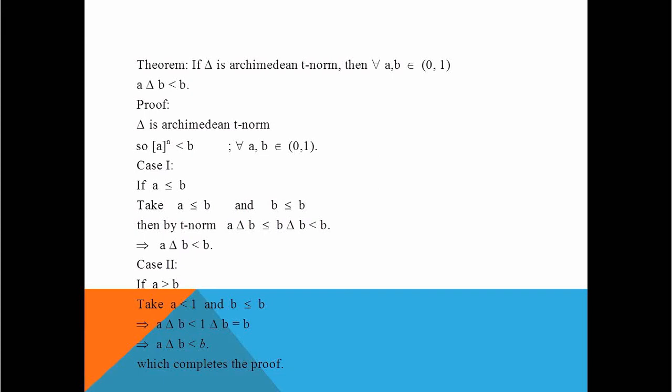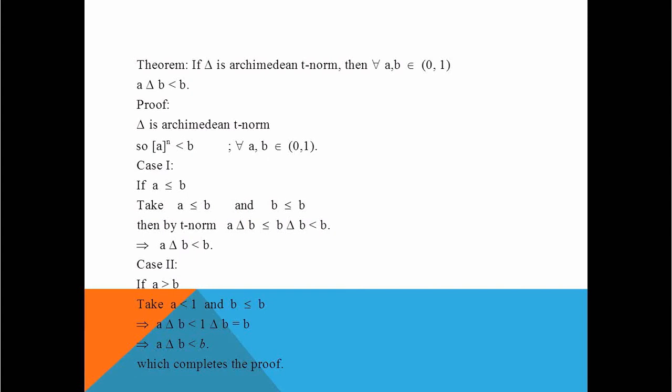Let delta be an Archimedean T-norm. We are now going to prove that a power n is less than b for all a, b belonging to (0,1). It means that a power n should be strictly less than b. We take case 1, if a is less than or equal to b. Then a is less than or equal to b and b is less than or equal to b.